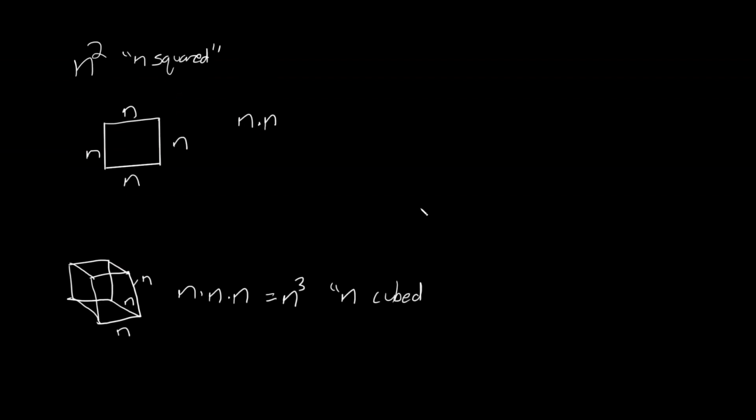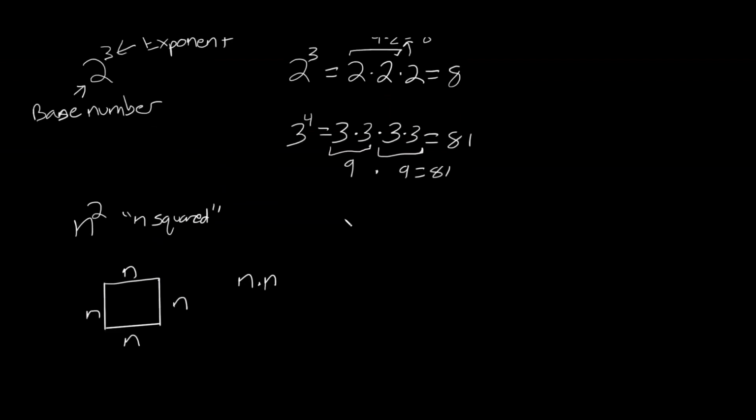So to find the volume of this cube, we would take n times n times n. And since there are 3 n's, that's the same thing as n being raised to the 3rd power, because you're multiplying 3 of them. This is read as n cubed. So if you see a number to the power of 2, it can be the number raised to the power of 2, or it could be n squared, and then the same thing for 3, except it could be n cubed.